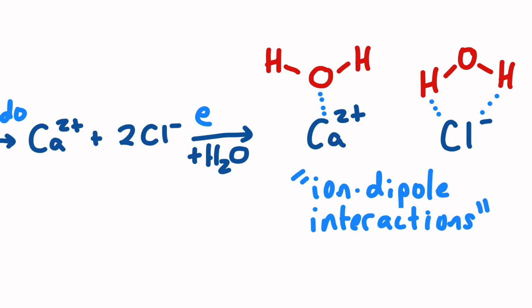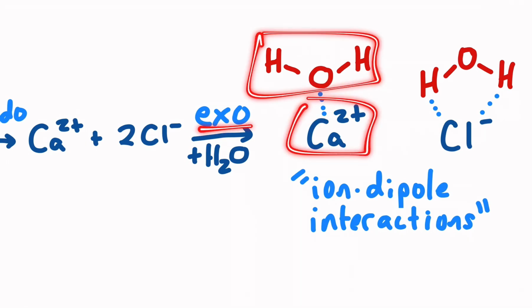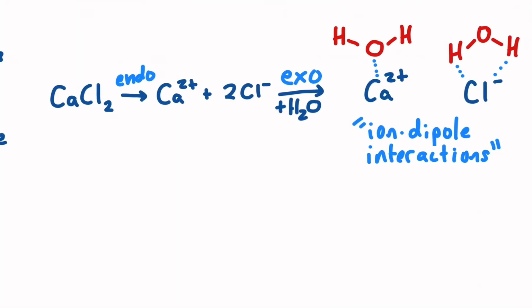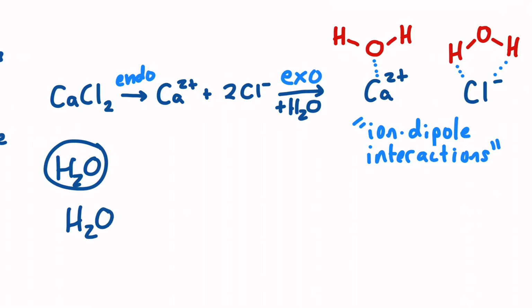And that's an exothermic process. The formation of an attractive force between a solvent and an ion is exothermic and it releases energy. So how much energy is associated with when you dissolve a salt is the combination of the endothermic and the exothermic processes. In fact, this isn't even complete. We also have endotherms associated with water molecules just separating from each other to make space between them.